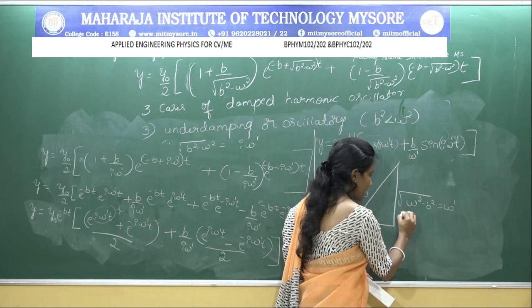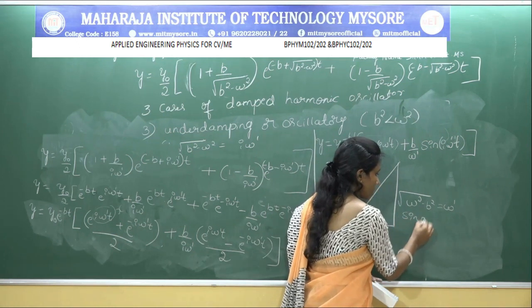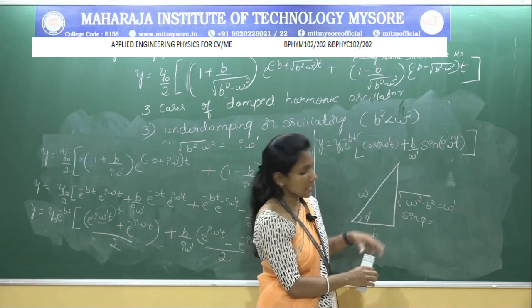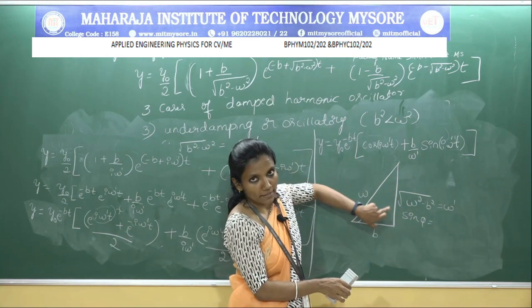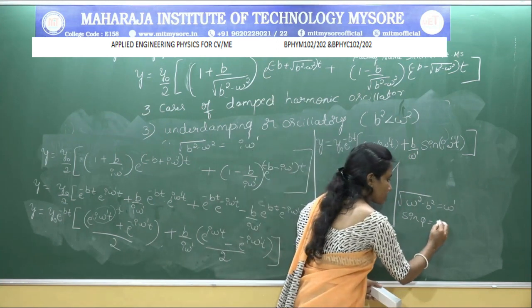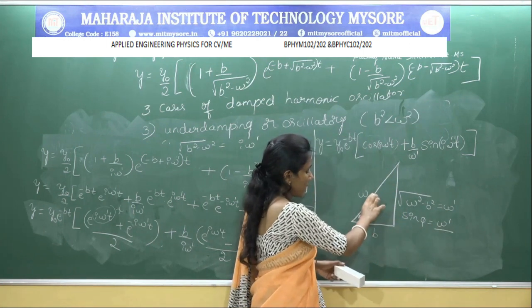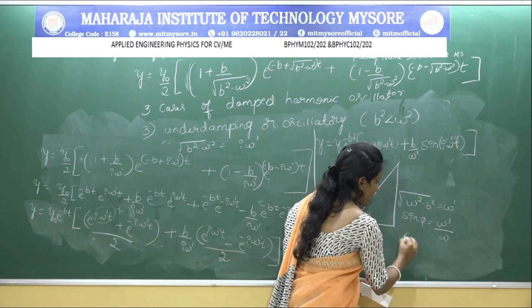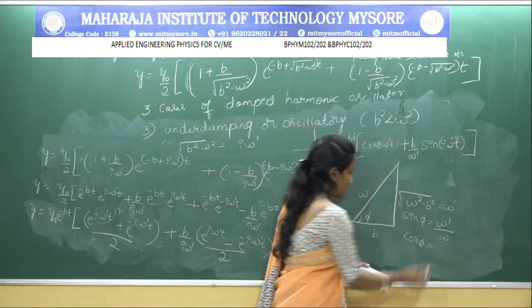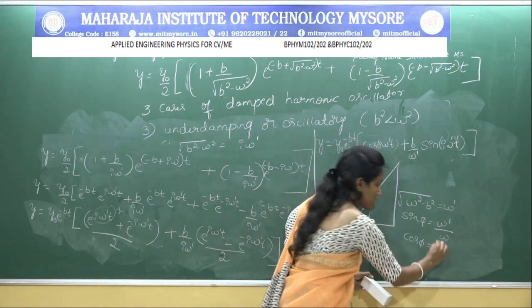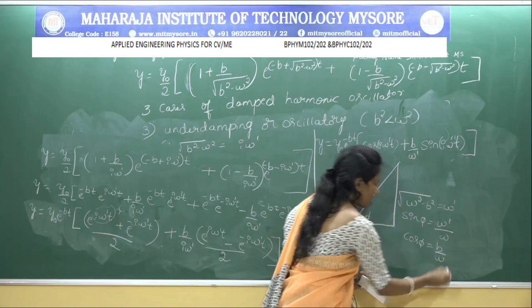So if we write sine phi, the opposite side is root of omega square minus b square, which we can directly write as omega prime, opposite by hypotenuse. The hypotenuse is omega, and cos phi is adjacent by hypotenuse, that is b by omega.